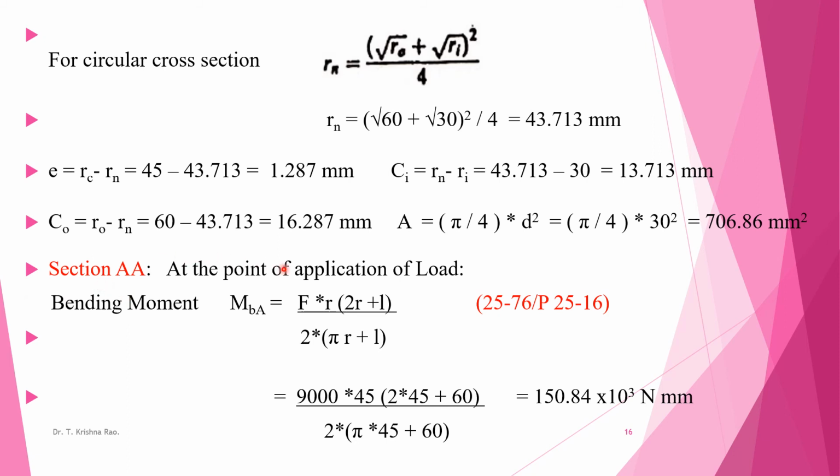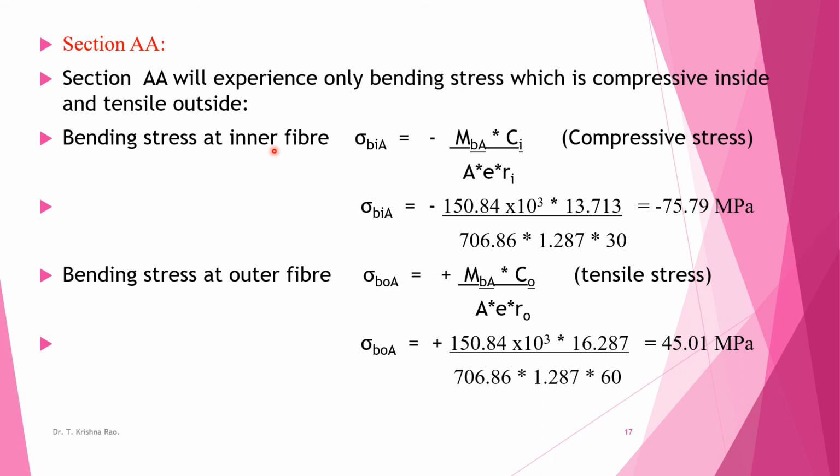Consider section AA at the point of application of load, where the load is acting. The equation of bending moment for section AA is given like this. Substitute the values, we get the bending moment at A. Then section AA will have only bending stress. Again I repeat, only bending stress, because the load is acting directly at section AA.